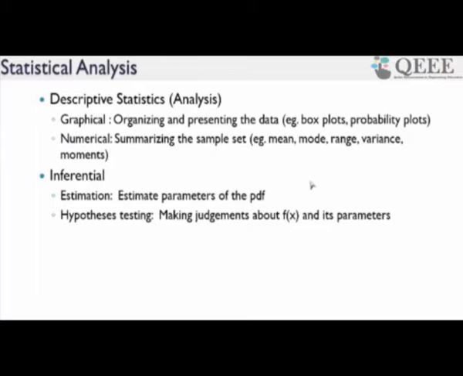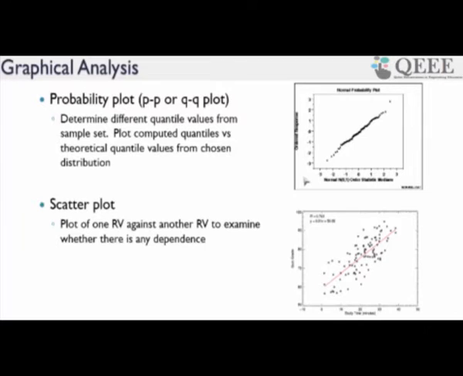So you are going to estimate parameters of the PDF. This question of estimating parameters of the PDF and then looking at population distributions is called hypothesis testing. So there are several different plots that you can draw. These are all standard plots that you could use to understand the data. There is something called a probability plot.